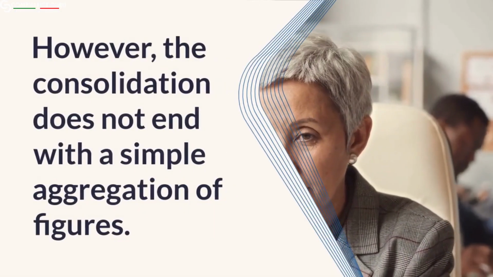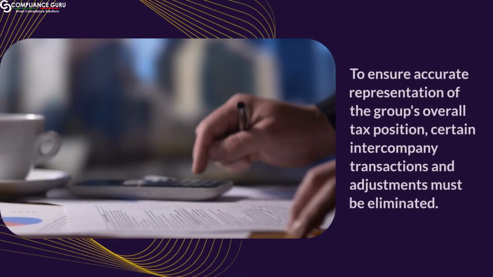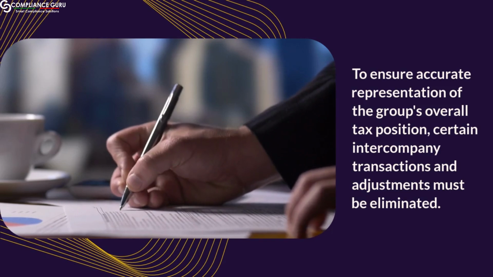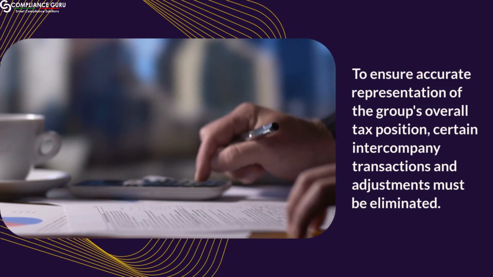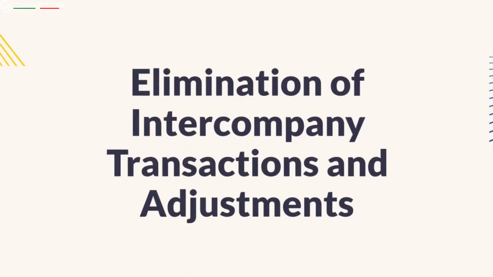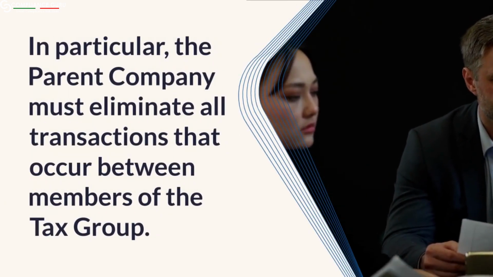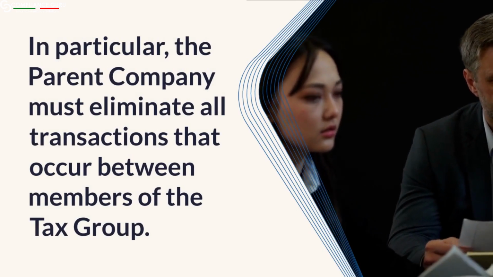However, the consolidation does not end with a simple aggregation of figures. To ensure accurate representation of the group's overall tax position, certain intercompany transactions and adjustments must be eliminated. Elimination of intercompany transactions and adjustments. In particular, the parent company must eliminate all transactions that occur between members of the tax group.